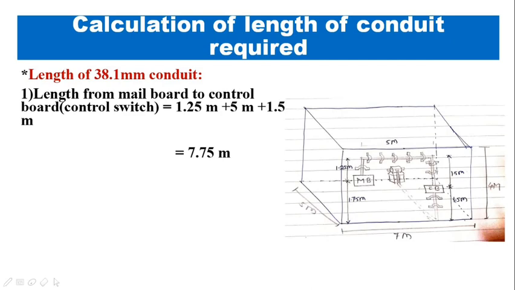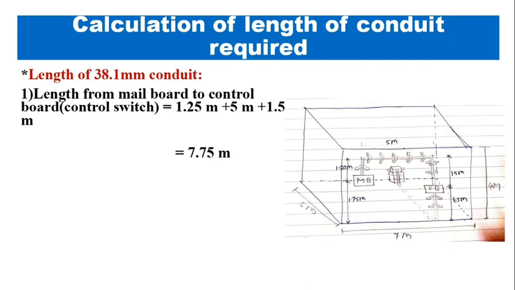This total is 3 meter because you have taken the wiring height 3 meter above the floor. As your control board is 1.5 meter above the floor, the remaining will be 1.5 meter. So the total length of conduit from main board to the control board is 1.25 plus 5 plus 1.5, that is 7.75 meter.